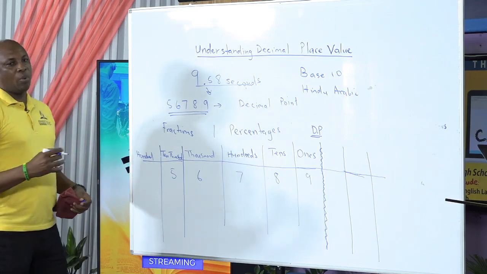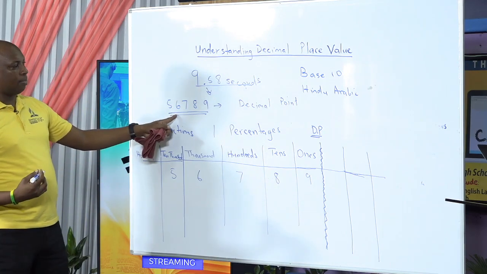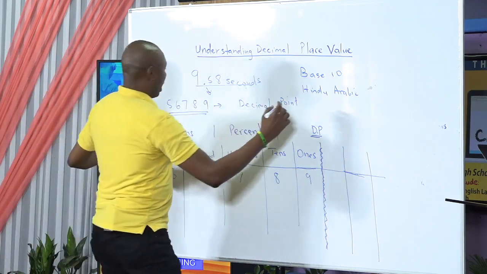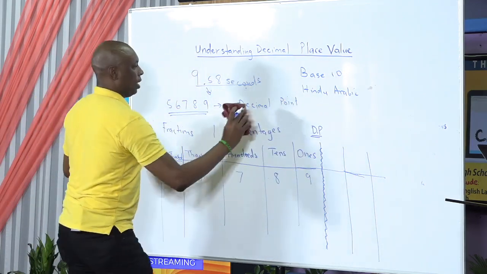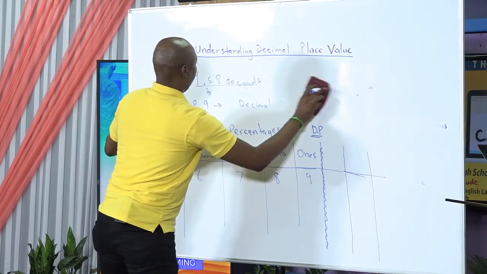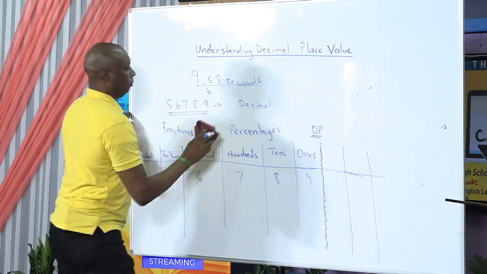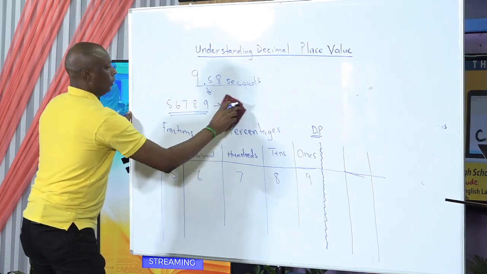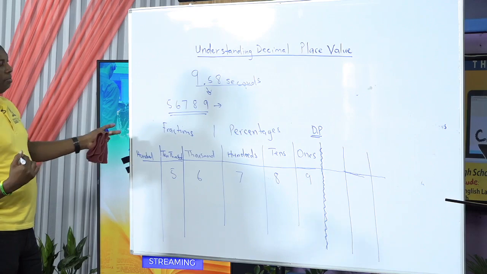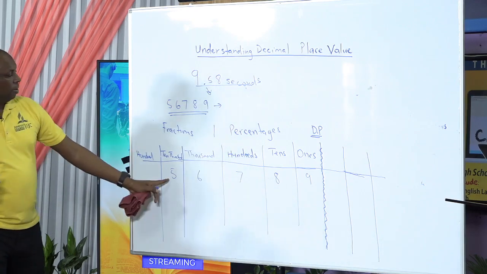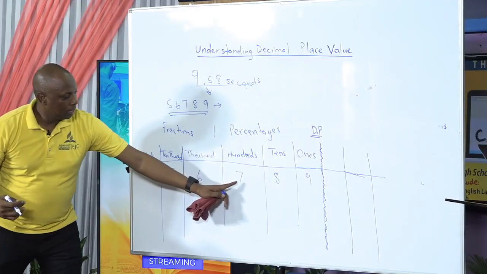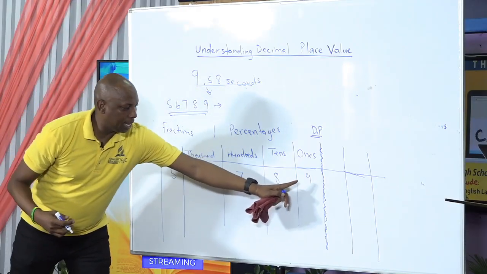So let's say we wanted to write back this same number, but we want to have a decimal part to it. So let me give some space. Let's say I wanted to have a decimal value of 5 ten thousands, 6 thousands, 7 hundreds, 8 tens, and 9 ones.